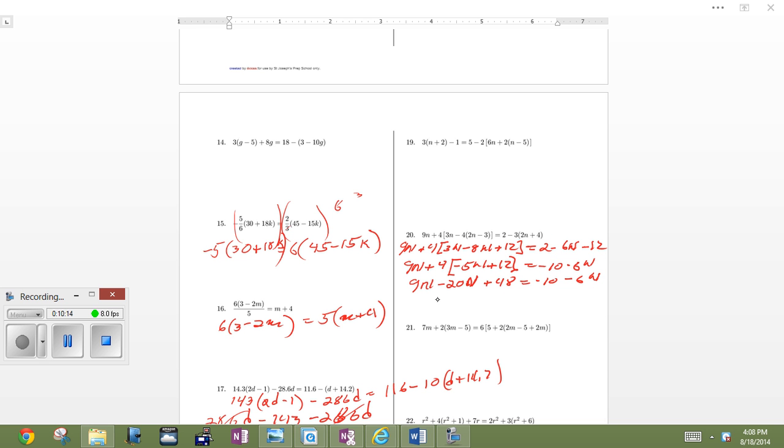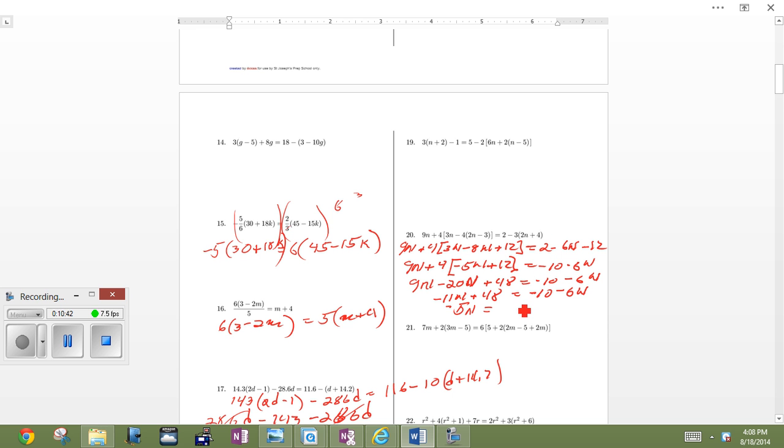So this will give you negative 11n plus 48 is equal to negative 10 minus 6n. So I'm going to add 6n to both sides. And that'll give me negative 5n over here, by adding 6n. And then I'm going to subtract 48 over here.